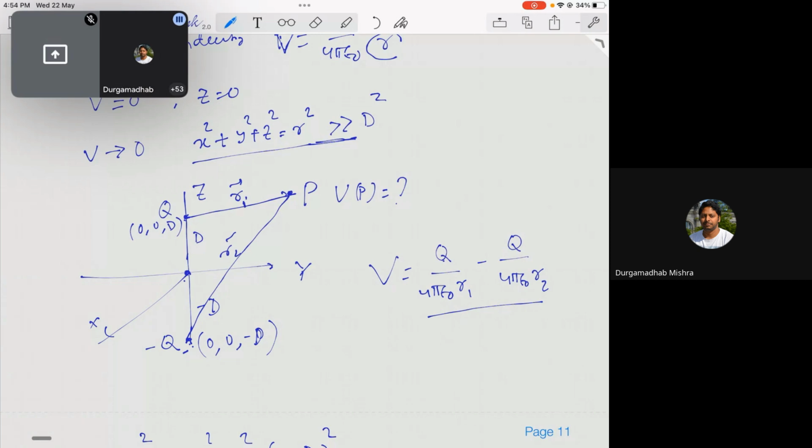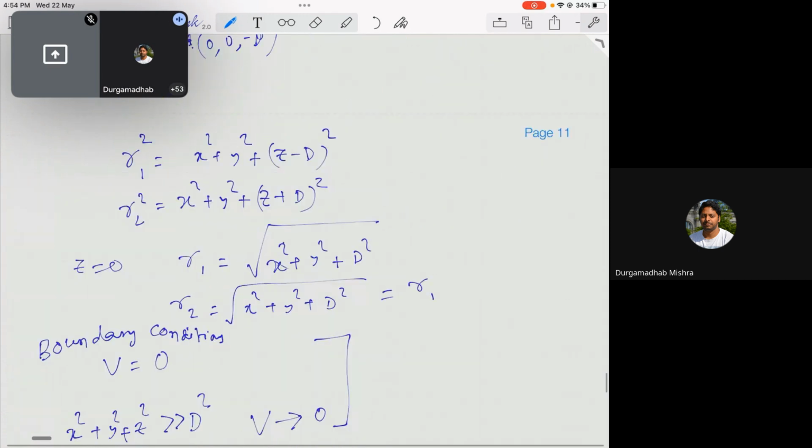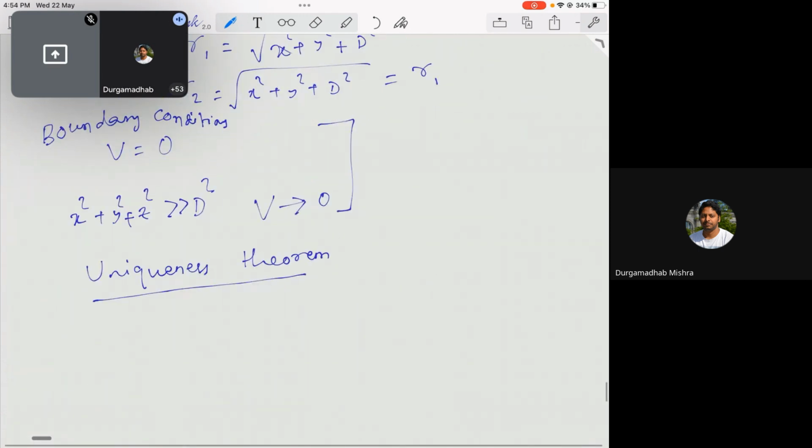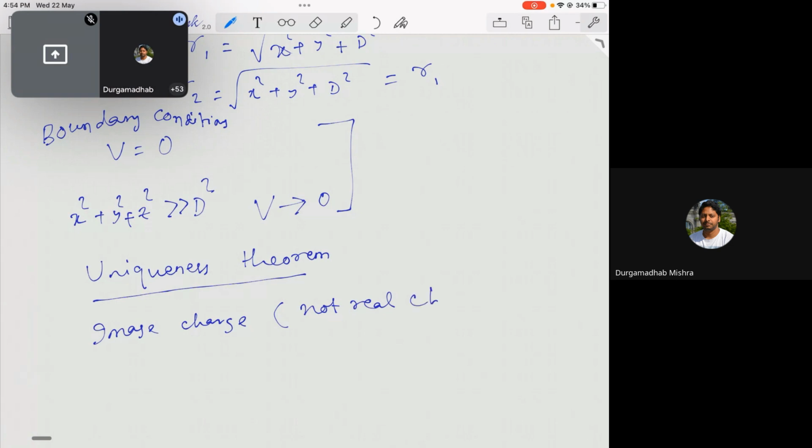This minus Q is known as an image charge. What we have created is an image charge, which is not a real charge. It is just like the virtual image you see of yourself in the mirror.